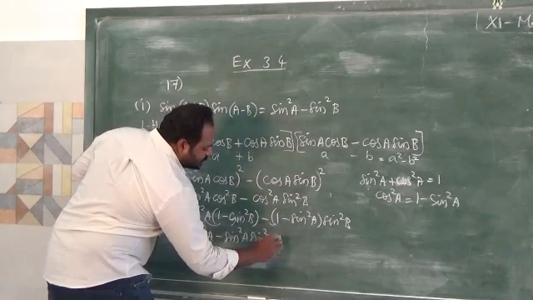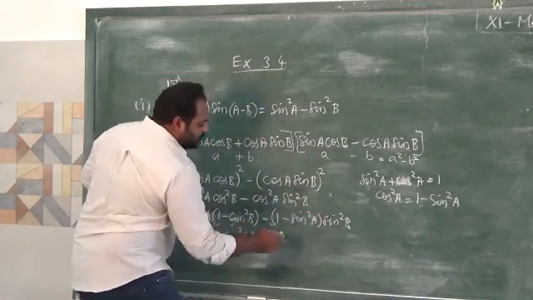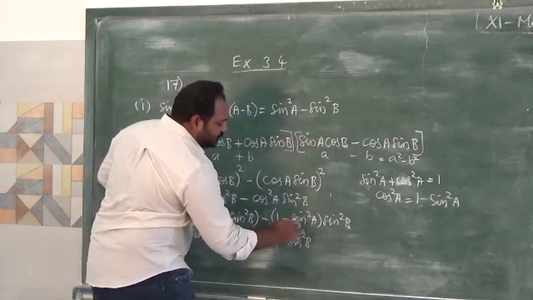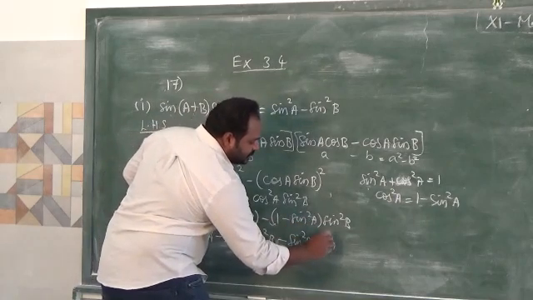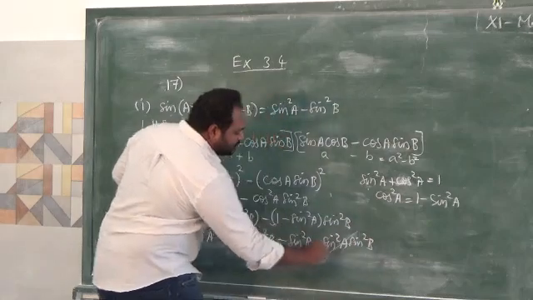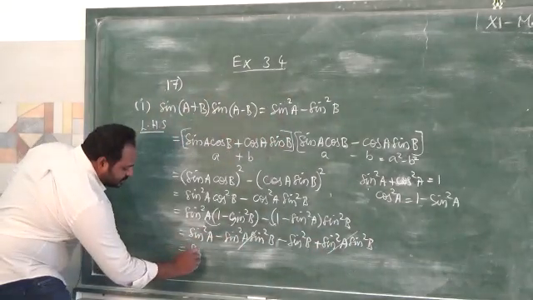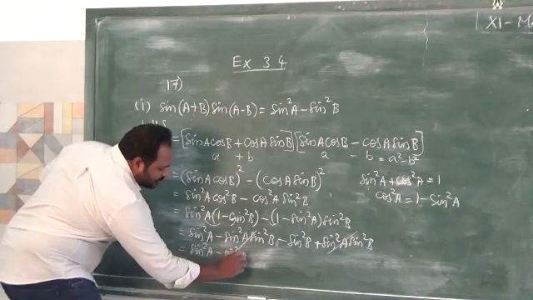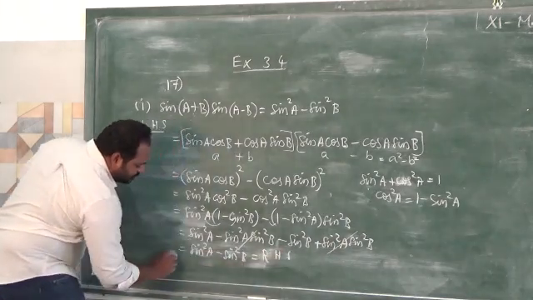Here 1 into minus sin square b is minus sin square b, and minus sin square b into minus sin square a is plus sin square a sin square b. So this plus and minus will be cancelled, remaining sin square a minus sin square b, equal to the RHS. Hence proved.